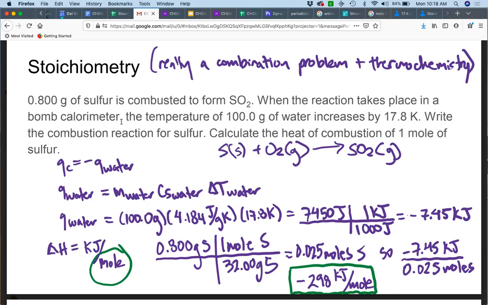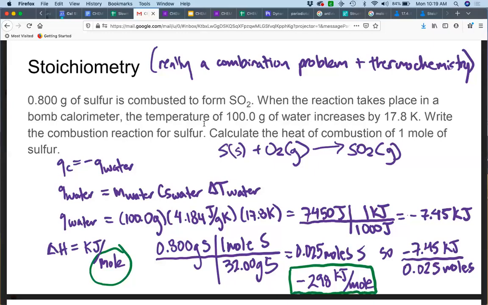Part of the challenge as chemists and scientists is thinking about what key concept we need to use to solve a problem. When you see a keyword like this, it sets you up for success because it tells you that you're going to want to use some type of heat transfer equation.